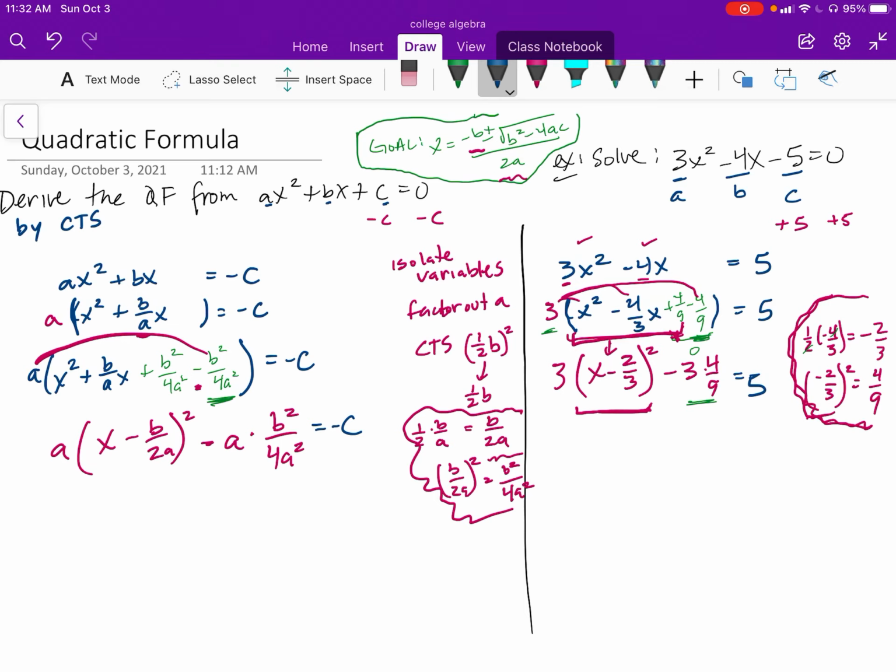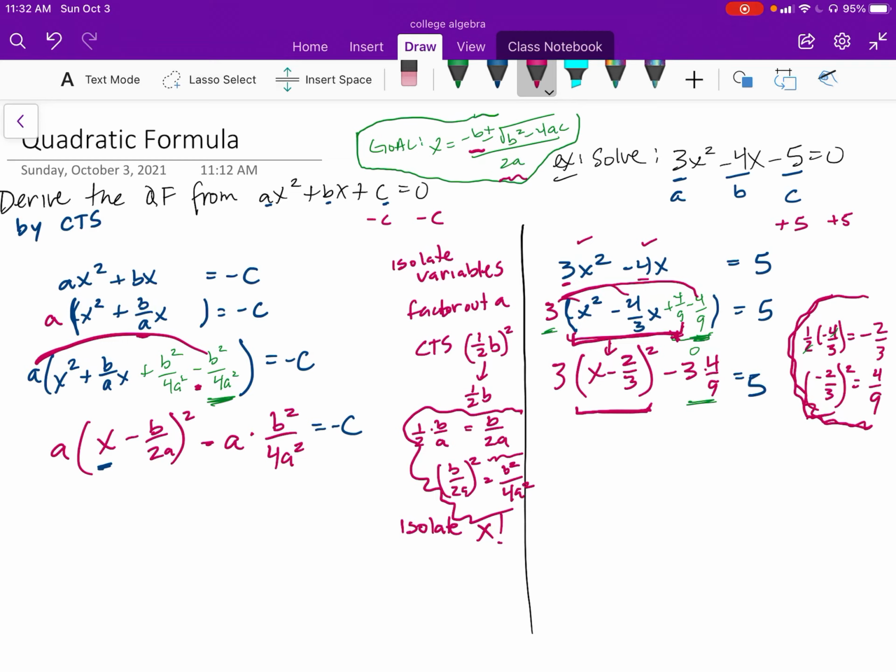Now our goal is to solve for x. So we need to isolate x again. We began by isolating the x's, but then we had to complete the square because we had 2 x's, right? I need only 1. So my goal again here is to isolate that x. So that's the goal on this side, on the right-hand side as well.